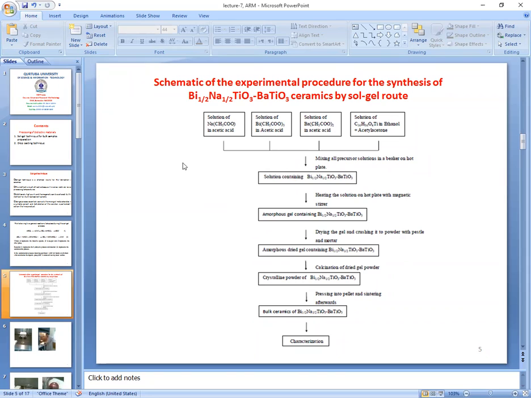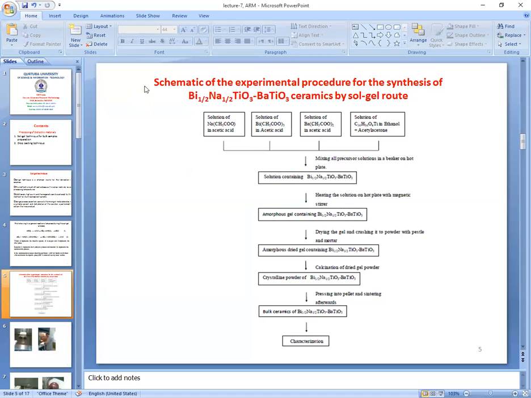But if we simply fabricate barium titanate, we use barium acetate and titanium butoxide. We mix barium acetate in acetic acid and titanium butoxide in ethanol plus acetyl acetone, mix these two solutions, and pass them through this process, and finally we get barium titanate.